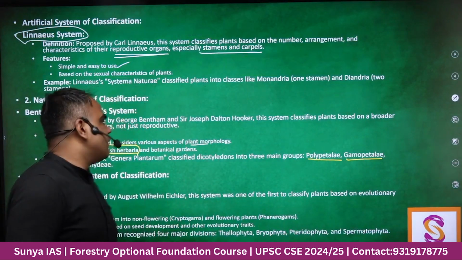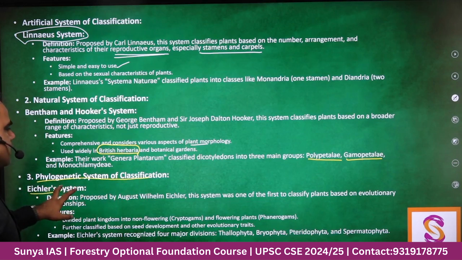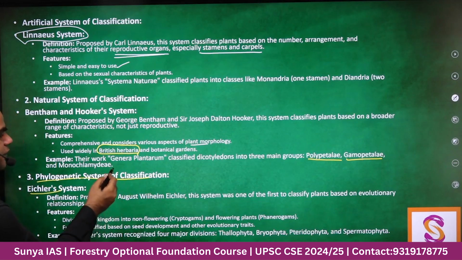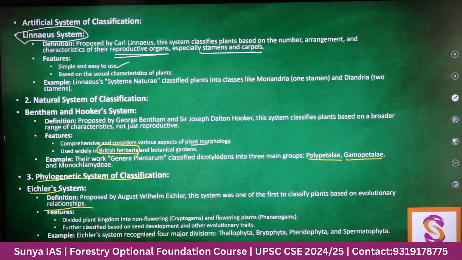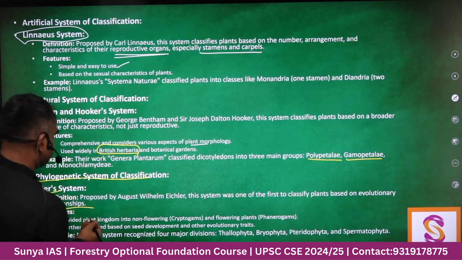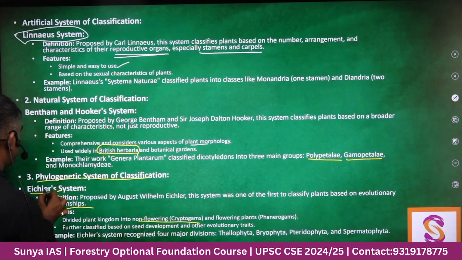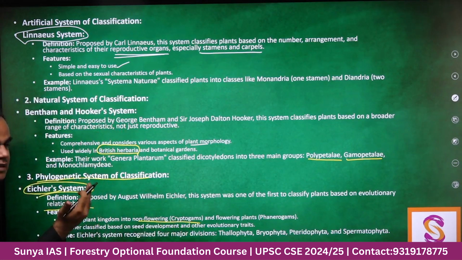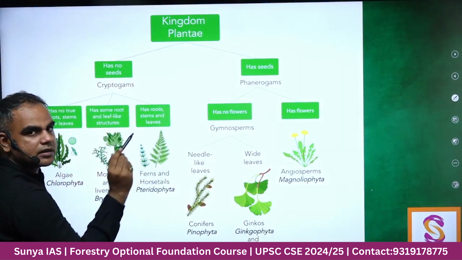And then you have the phylogenetic system of classification given by Eichler. This botanist classified plants on evolutionary relationship, talking about non-flowering cryptogams and phanerogams. So this is actually evolutionary. This is Eichler's system. So when you see this, think of Eichler. In your notes also write Eichler here.